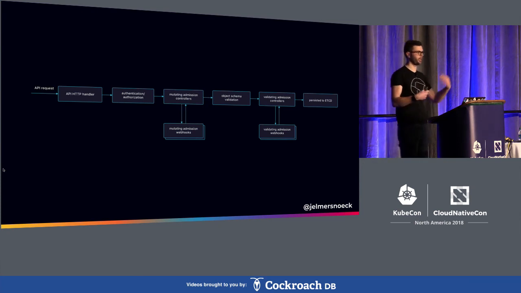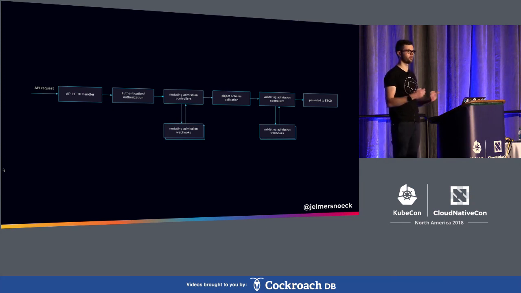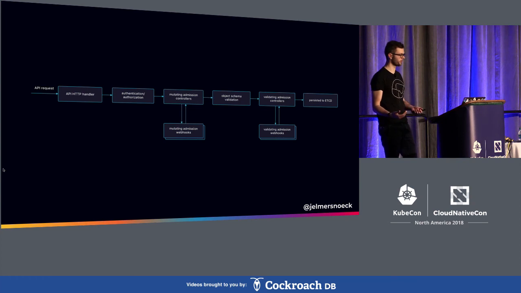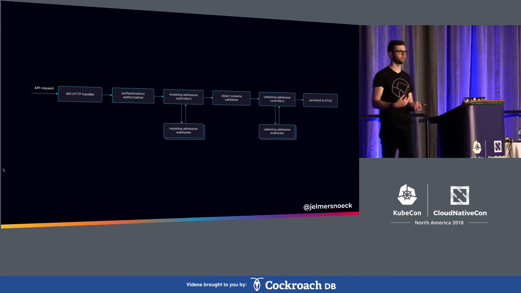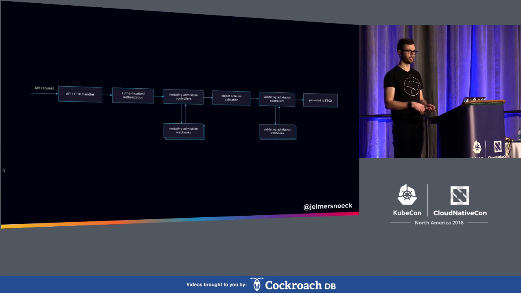It's going to take that object, so again our deployment, and validate that against a set of rules that we have defined. And by having this, we enforce at the cluster level that you have all of these policies set up. If you don't pass this validation, it's obviously going to error on your side. If you do, it's going to be persisted to etcd.